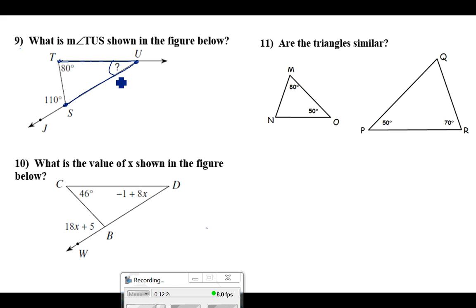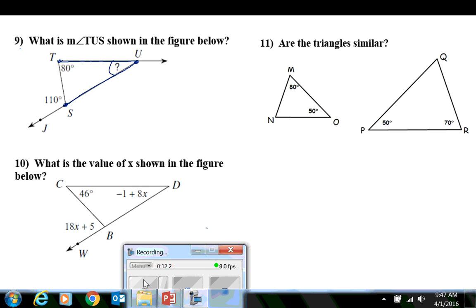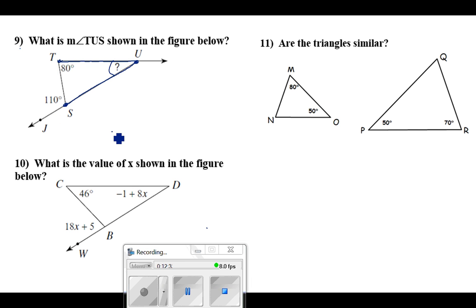But also we know that these two angles are supplementary. So if they're supplementary, they add up to 180. If this is 110, I could subtract that from 180 to determine the other angle measurement, and that's going to be 70. So I know this one is 70 degrees.